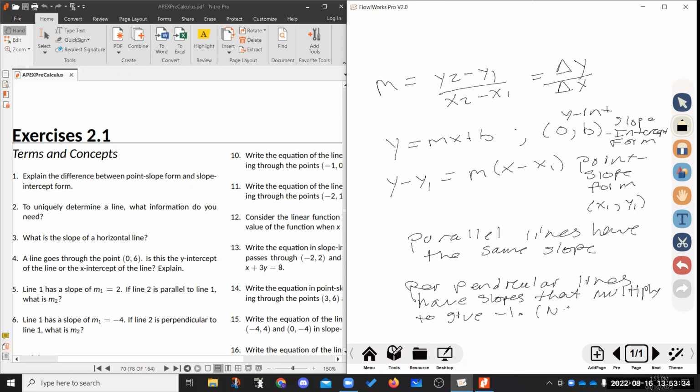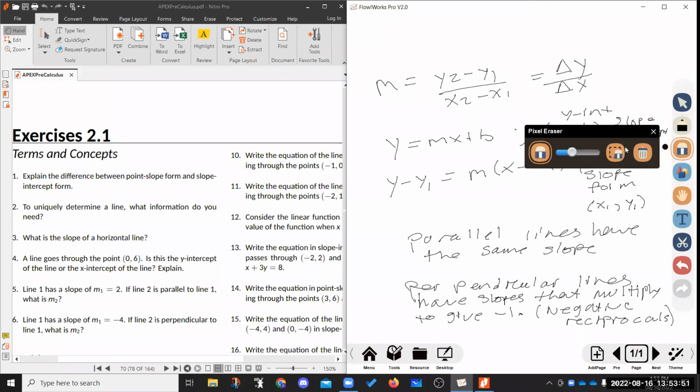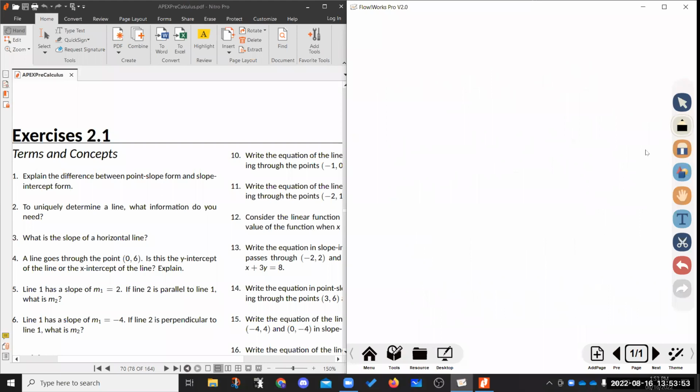They're called negative reciprocals. And I don't think that we're going to talk about normal lines or tangent lines, but if we do, I'll talk about that when we get there. Those are the calculus concepts that have to do with why we're interested in perpendicular lines.